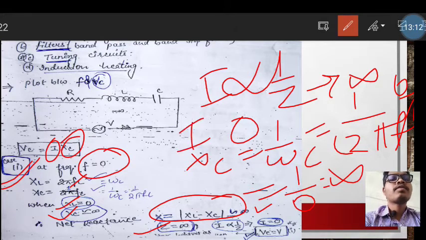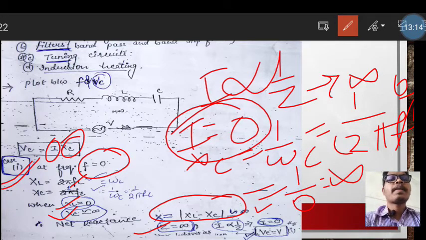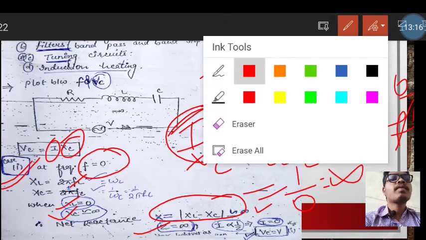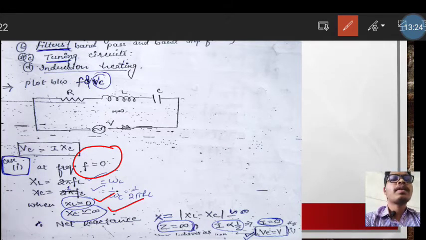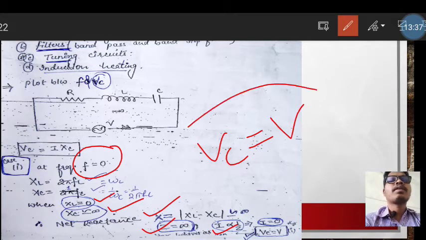So I is equal to 0. Please remember that whenever the frequency is equal to 0, inductive reactance is equal to 0, capacitive reactance is equal to infinity, and the total X is infinity. So Z is also infinity and I is 0. If I is equal to 0, then Vc, the voltage across the capacitance, is equal to V.